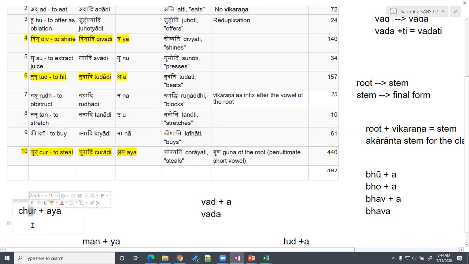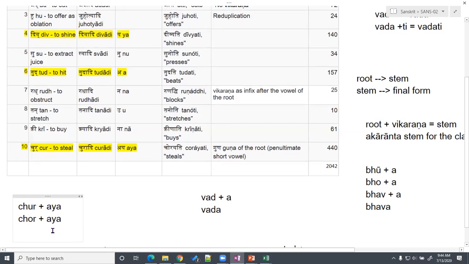That means o, and it becomes choraya. Choraya is the stem, and it becomes chorayati, chorayataha, chorayanti, like that.